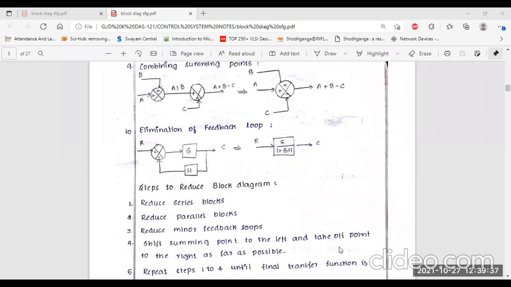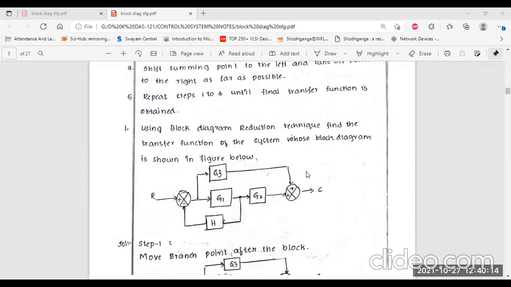So the takeoff point and the summing point are more or less the same. Just recall: the summing point is basically the branching point, where two or more different signals can be attached. And this point, it is also attachable to a feedback loop or unity feedback loop or any controller part. This point is called the takeoff point also. Clear? Yes, sir. Okay, sir. Thank you, sir. Okay, welcome.